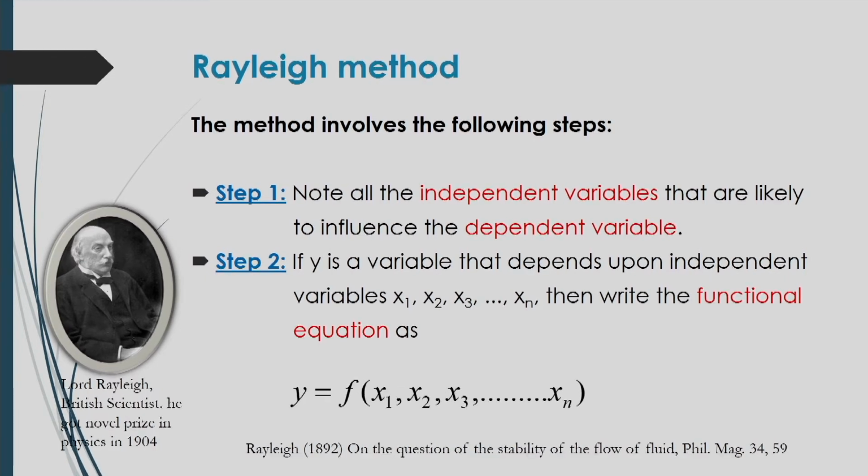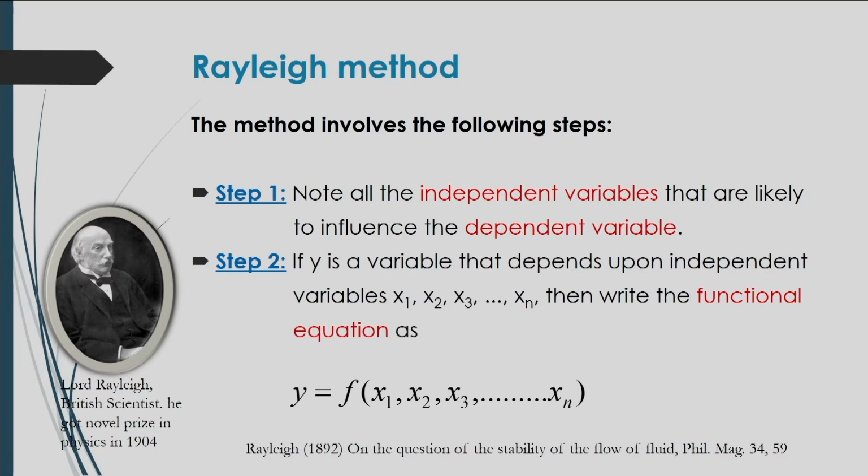The method involves the following steps. Step 1: note all the independent variables that are likely to influence the dependent variable. Suppose there is a flow of fluid through a pipe. You will see there is a change of pressure whenever fluid flows through the pipe.